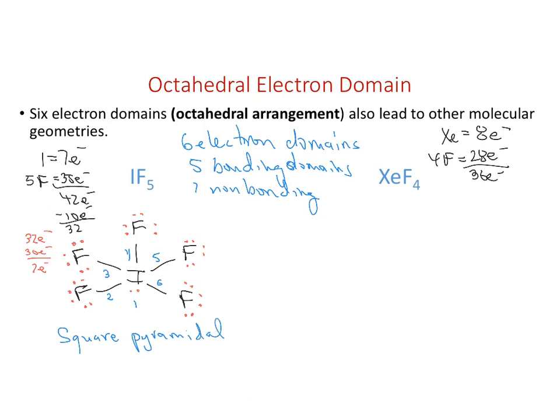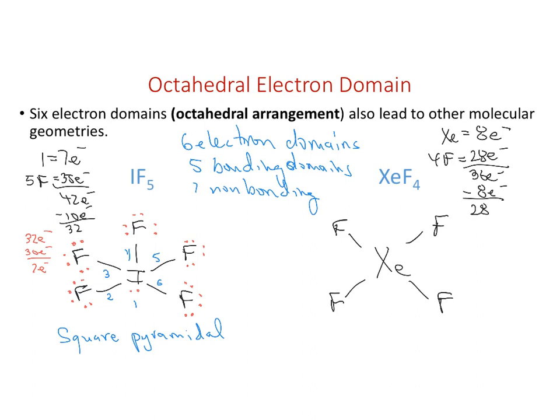The xenon tetrafluoride, again, we put the least electronegative atom in the center, which would be xenon. I'm going to surround it by my 4 fluorines. There's 4 bonds, that's 8 electrons, so I assign 8 electrons. I had 36. That's 28 electrons left.